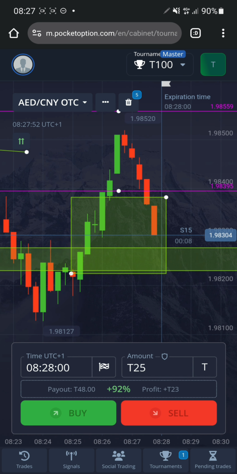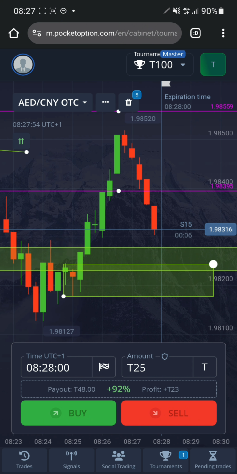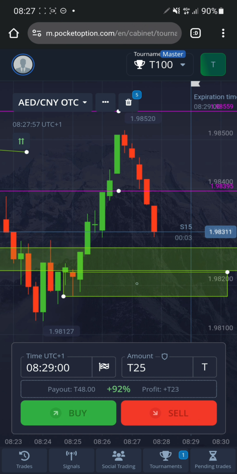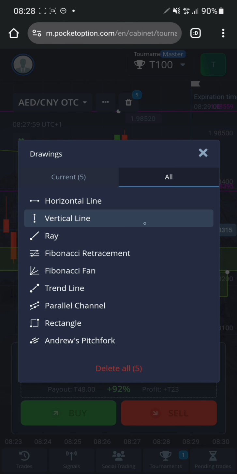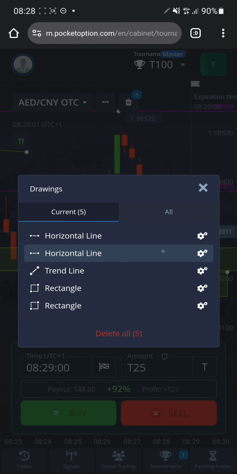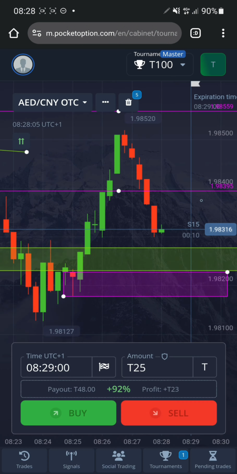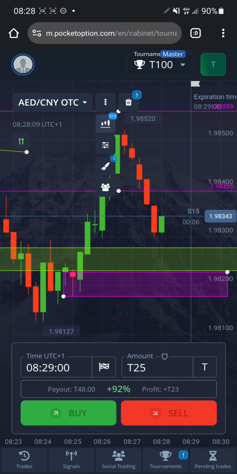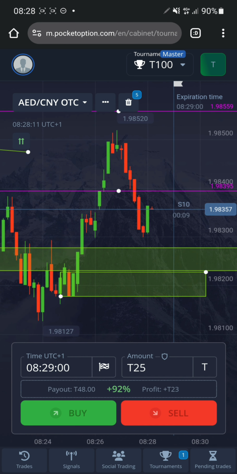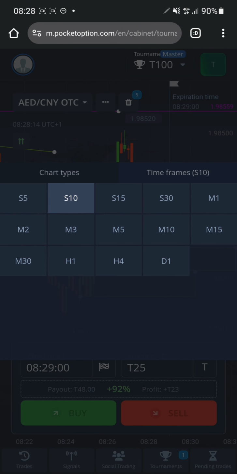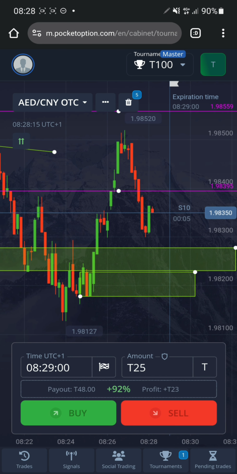I'm moving very fast because price is coming back down to this area. We need to take the trade as soon as price touches that area. So let's go back to M1, or let's check if we can fine tune that entry. Okay, that S15 entry was very good.